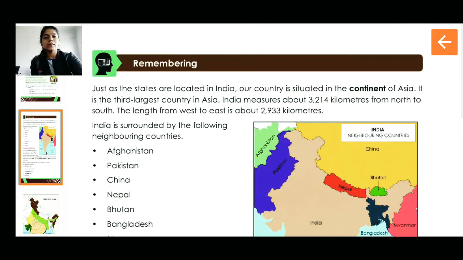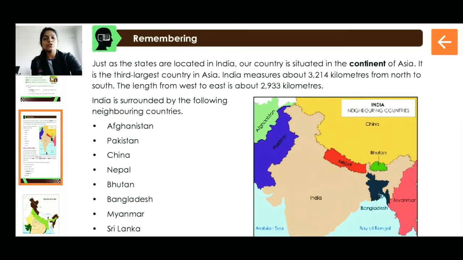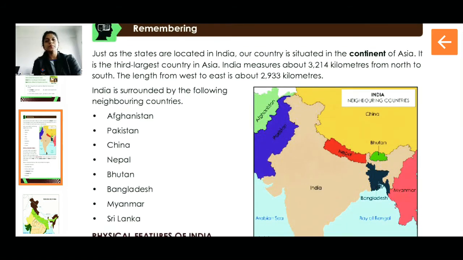So students, we will start with the remembering section now. Here, just as the states are located in India, our country is situated in the continent of Asia. It is the 3rd largest country in Asia. India measures about 3,214 kilometers from north to south.